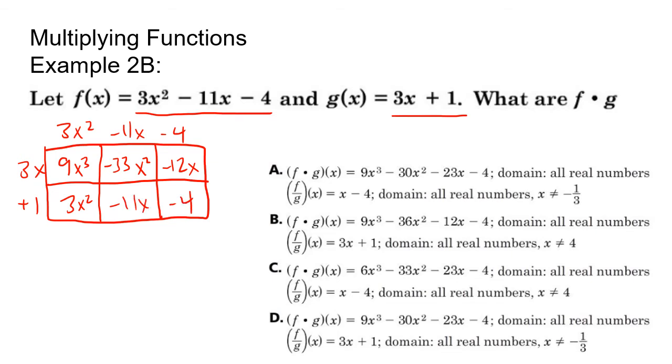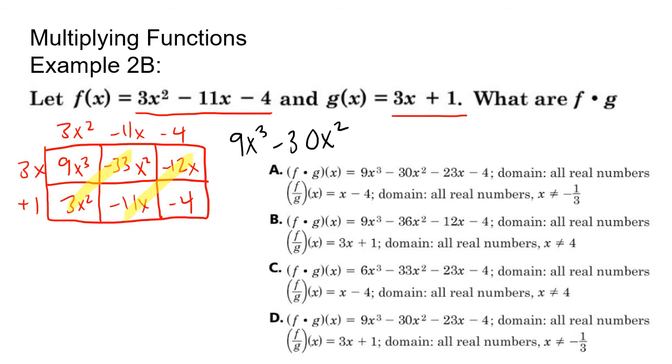Typically what happens with the box, as long as your original functions are in order, the diagonals would be your common terms, your like terms. So I'm going to look. I have 9x cubed. I have 3 minus 33x squared, which is negative 30x squared.